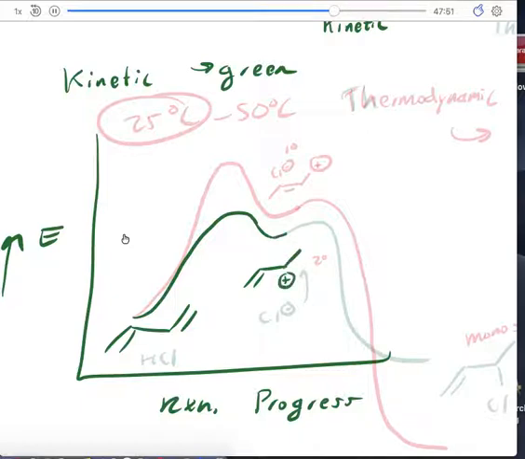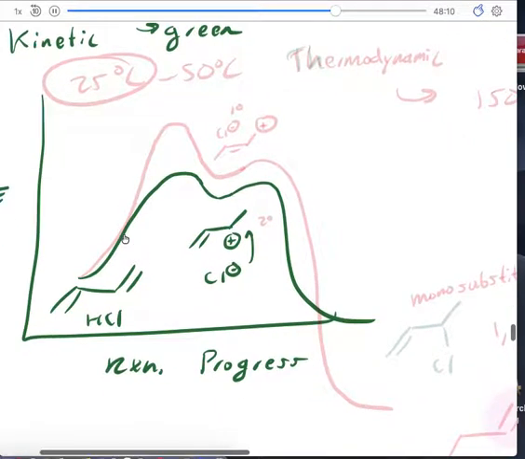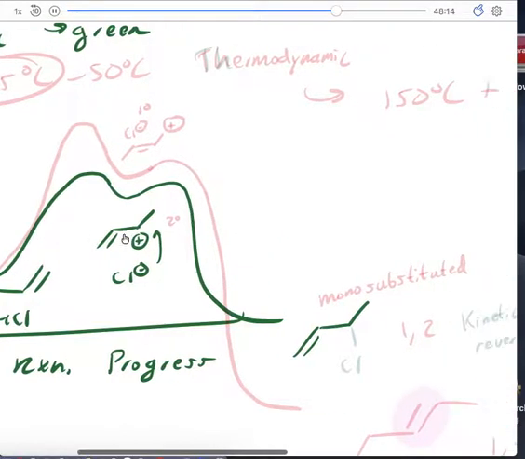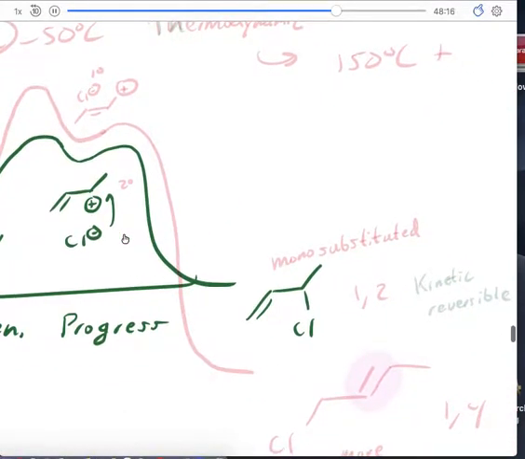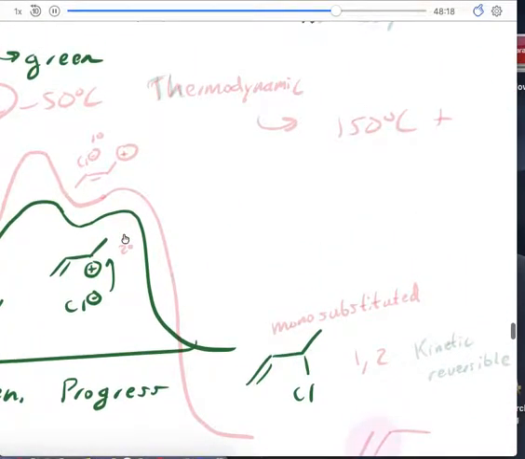Then we have a little hump right down here. Oh yeah, and we have the chloride in there still. The chlorine will hop onto that positive charge, and let me bring this down just a little bit, like that. It's not to scale. We make this, and now the thermodynamic product.